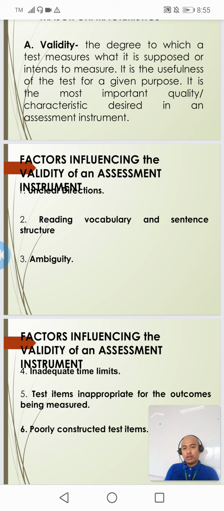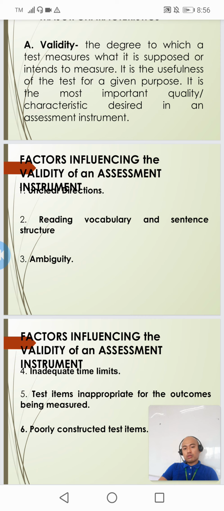The third factor that we need to consider when we are constructing a test instrument is the ambiguity of the items. Take note that ambiguous statements in an assessment task contribute to misinterpretation or confusion on the part of the students. Ambiguity sometimes confuses better students more than it does the poor student.